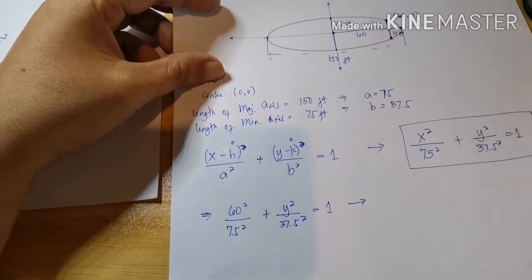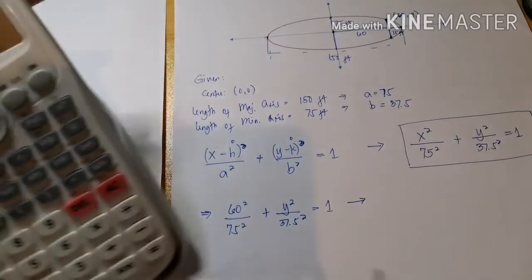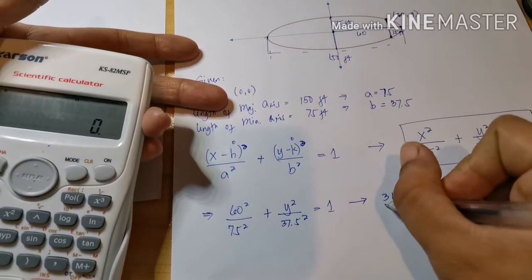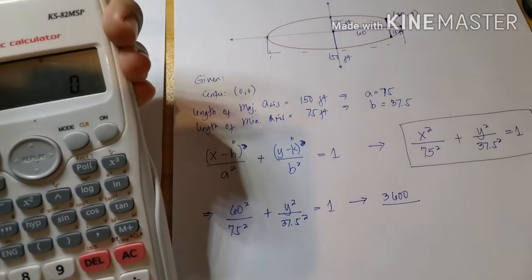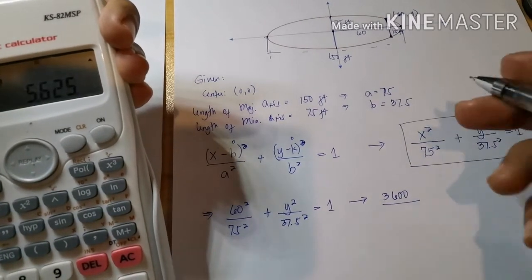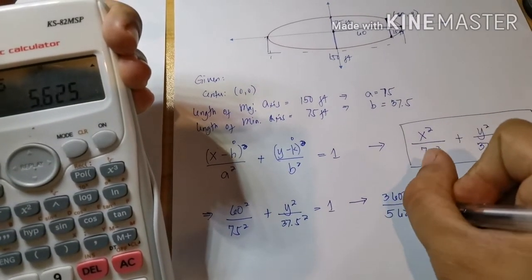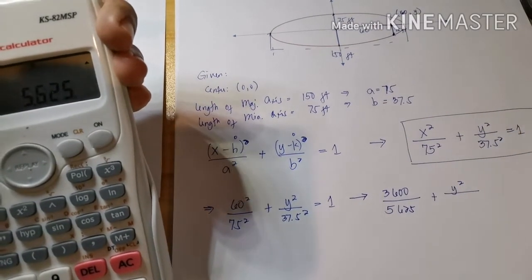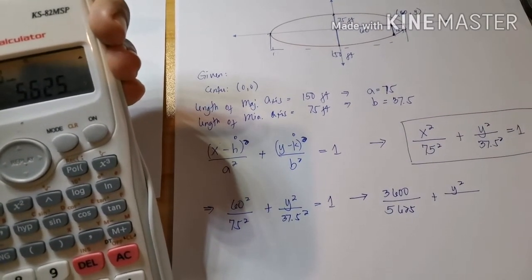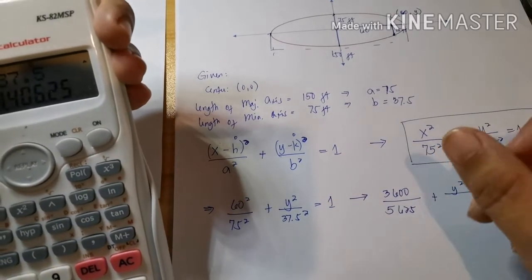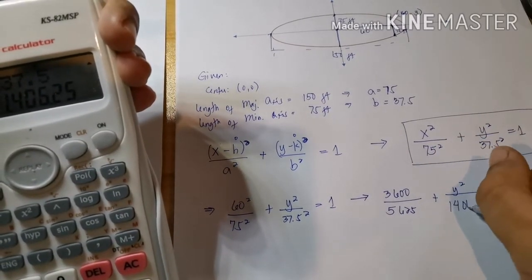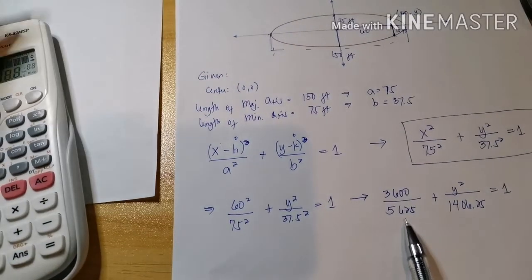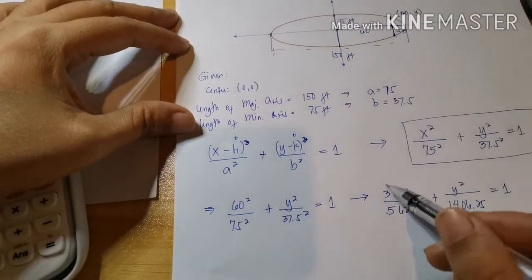So, then we have 60 times 60 is 3,600 over 75 times 75 is 5,625 plus y squared over 37.5 times 37.5 equals 1,406.25 equals 1.